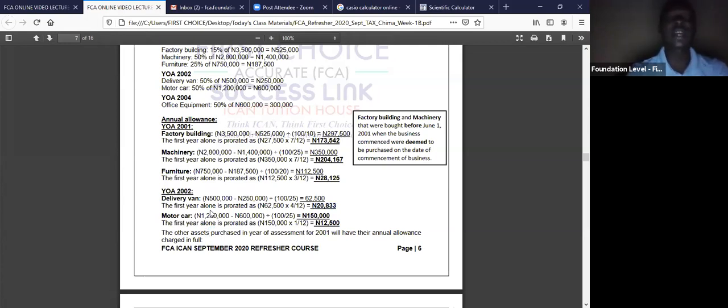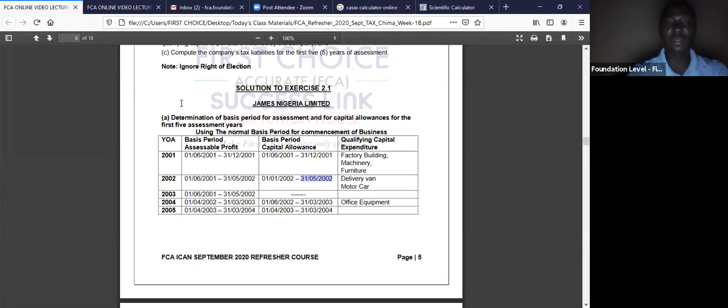For motor car, we do the same thing. Annual allowance, you bring the cost minus initial allowance divided by the number of years. It means you are claiming 150,000 naira each year. For the first year, how do you prorate? This car was bought in May. If memory serves me right, May.